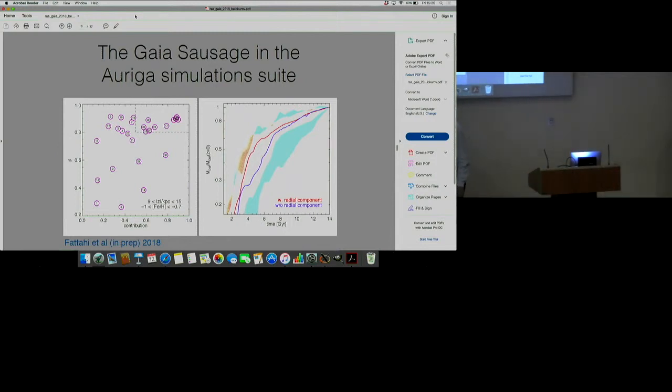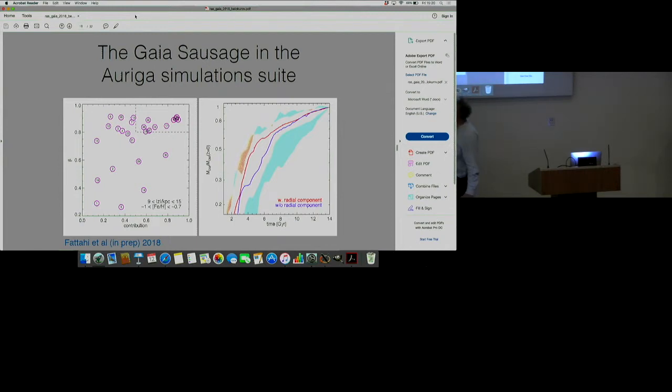We've plotted them in the plane of anisotropy versus contribution of such stars to the whole halo. And for the Milky Way, we know that the contribution of such stars in this range of metallicity moving on very radial orbits is very high. It must be of the order of 80 or 90%.